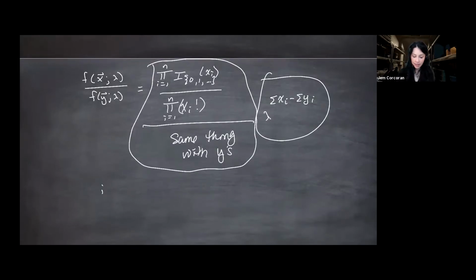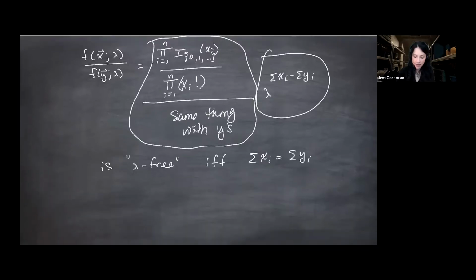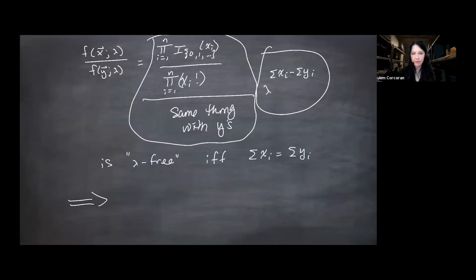So this is lambda free if and only if the sum of the x's is equal to the sum of the y's. And so from this criterion, t of x defined to be the sum of the x's is a minimal sufficient statistic once we prove this.